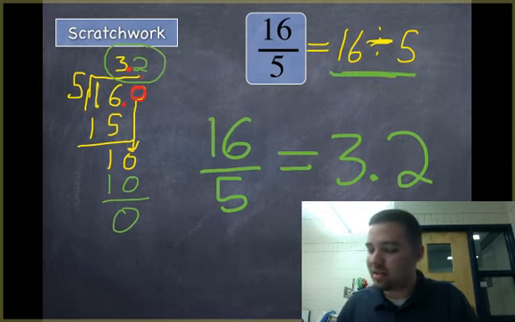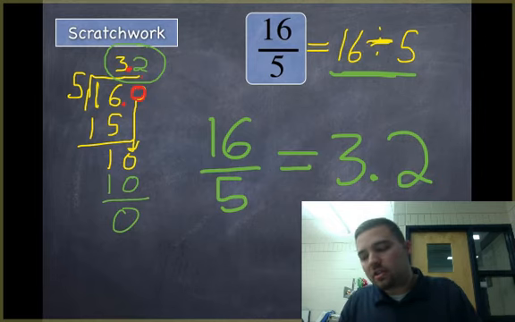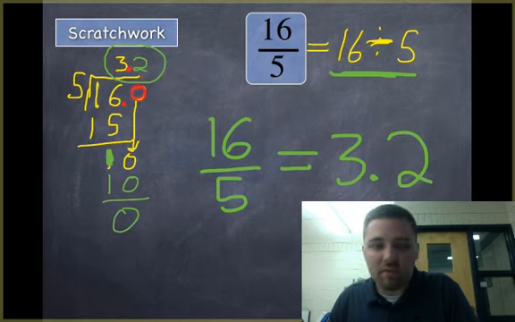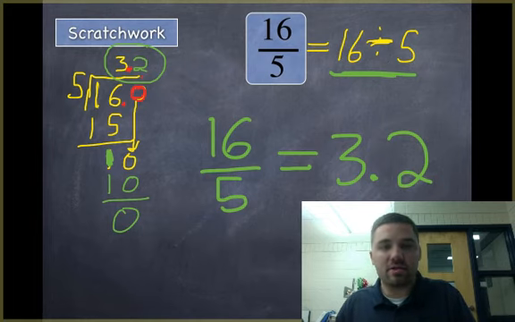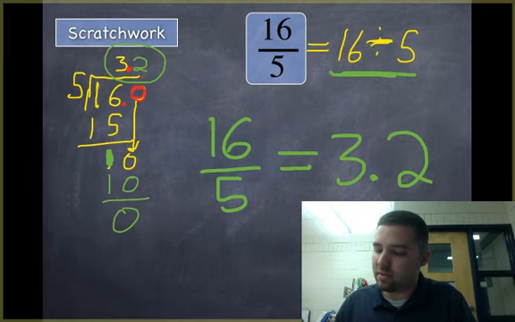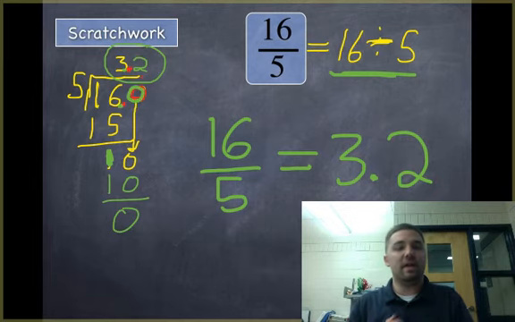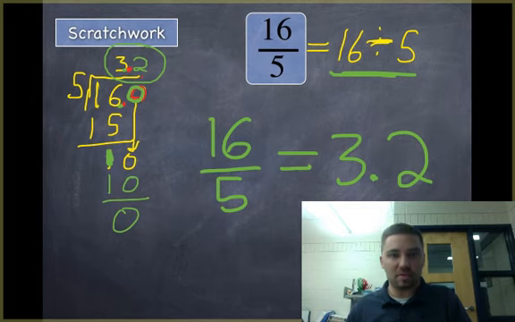Then we did the division, and we ran into a little bit of an issue because we would have had a remainder of 1. We said, well, you don't want any remainders. We want to go until we get 0 or no remainder. So we said, let's bring down another 0. But if we do that, we have to be careful. We need to add in a decimal point. So we added in the decimal point, and we ended up with 3.2. So 16 over 5 is the same as 3.2.